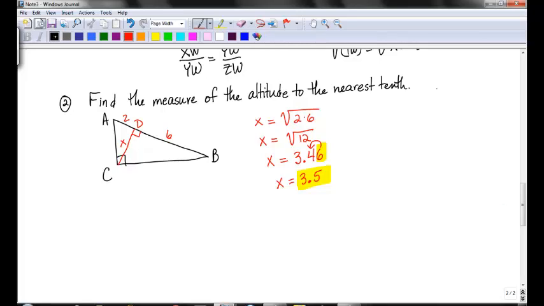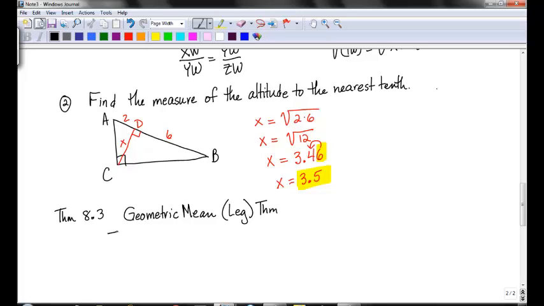Okay, last theorem. Theorem 8.3. It's called the geometric mean, and in parentheses put leg theorem.